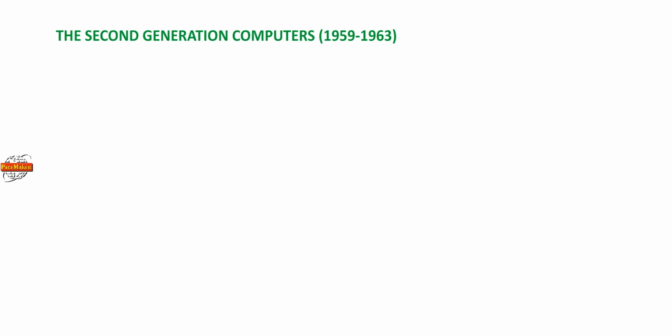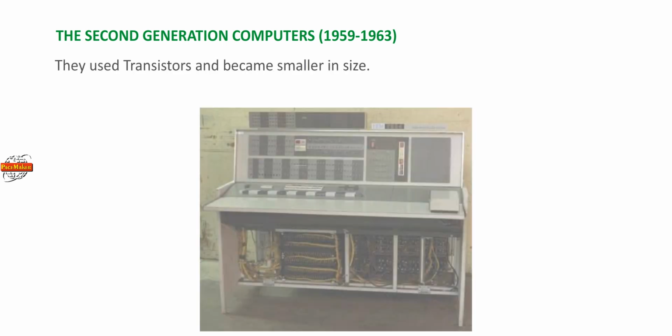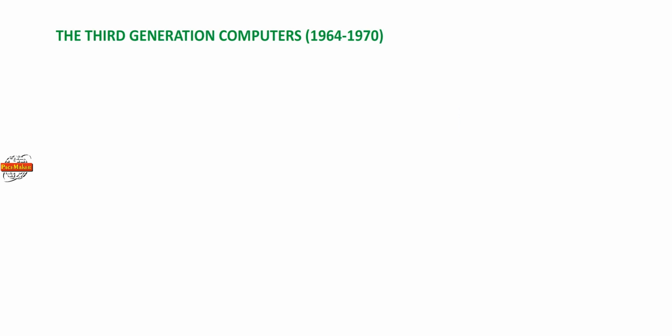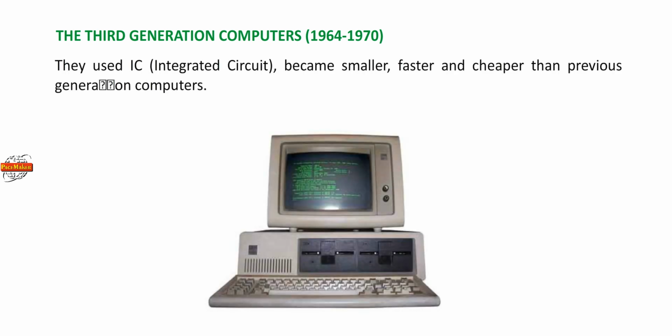The second generation computers, 1959 to 1963. They used transistors and became smaller in size. The third generation computers, from 1964 to 1970. They used ICs (integrated circuits) and became smaller, faster, and cheaper than previous generation computers.